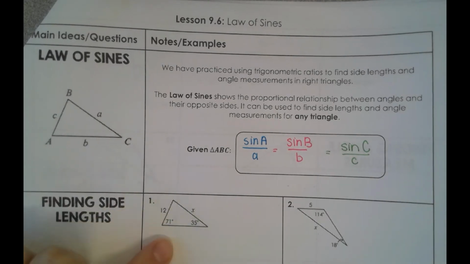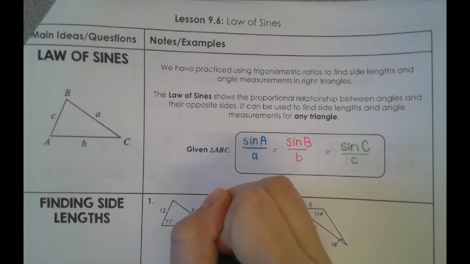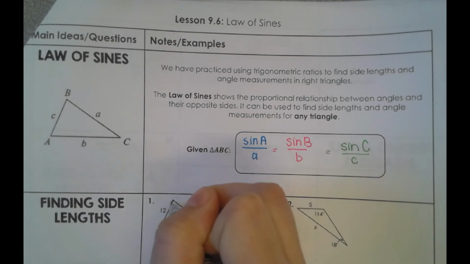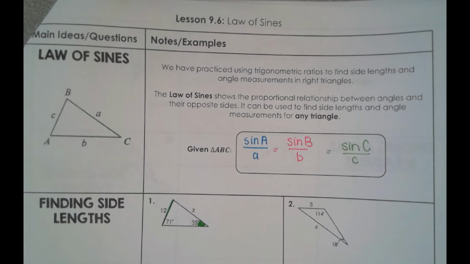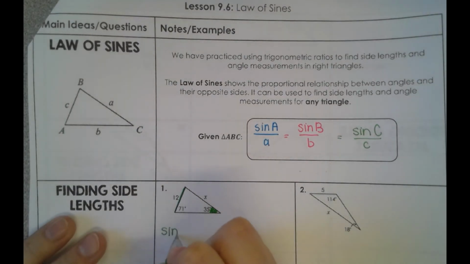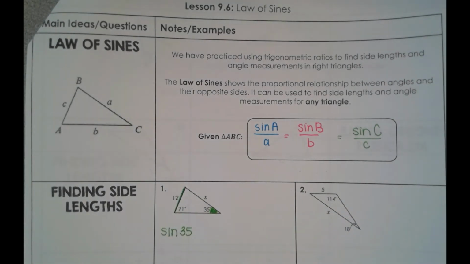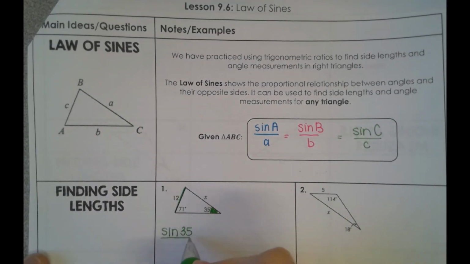So if we look here at number 1, notice I have angle 35 and I have the side across from it. Those are a pair. It doesn't matter which one you call A, B, or C. So we could say that sine of 35, so it's always sine of your angle, divided by the side that's across from it, so 12.